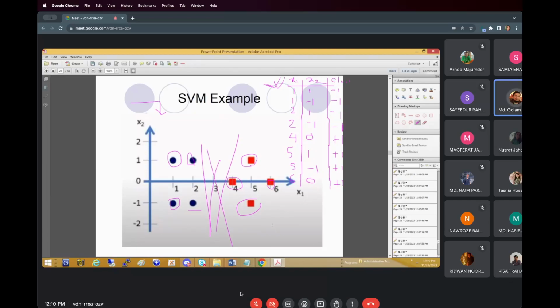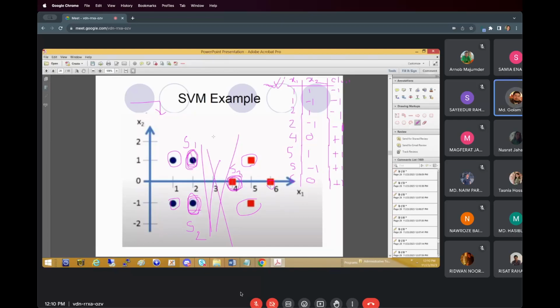But for finding out the support vectors, at first you can consider any of those. In this case, you can see this can be considered as support vector 1, this one as support vector 2, and this one as support vector 3.